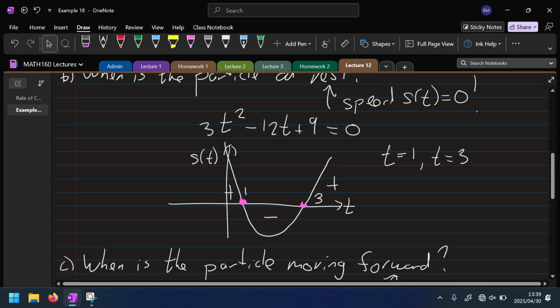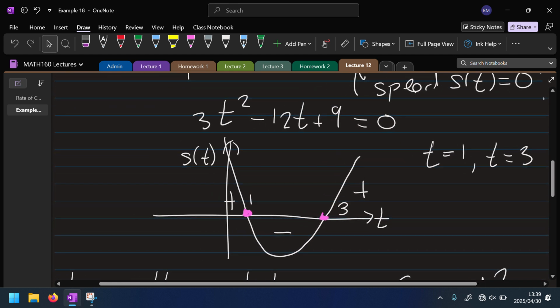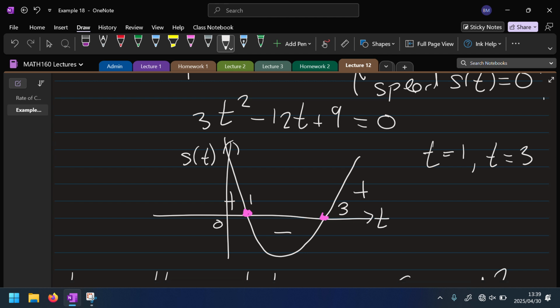Okay, so let's go back to the speed graph here. So from t equals 0, that's over here, to t equals 1, you agree the speed is positive. So the particle's moving to the right. Okay, so from t equals 0 to t equals 1, the particle is going to move a meters to the right. And then at t equals 1, the speed is 0. So it stops.